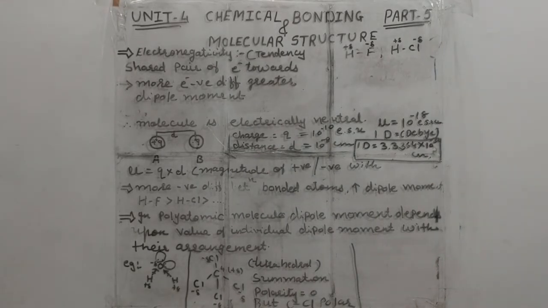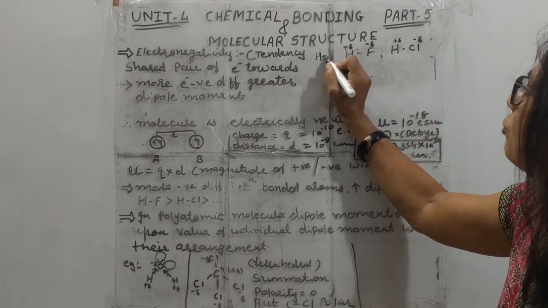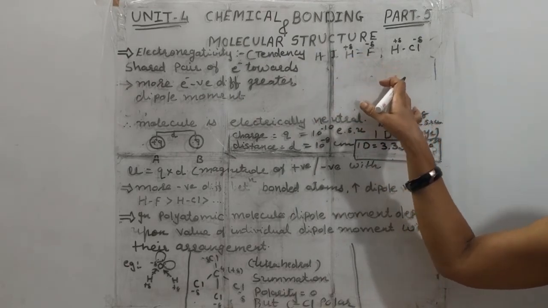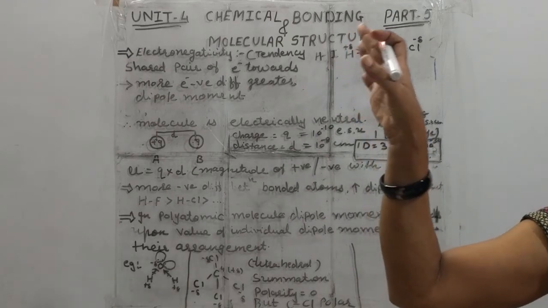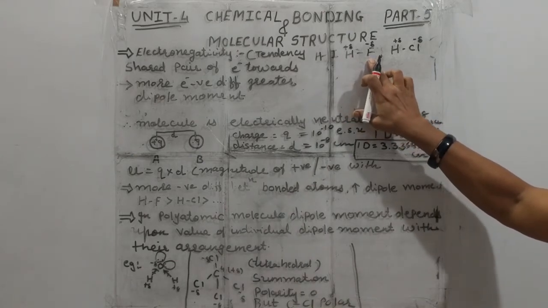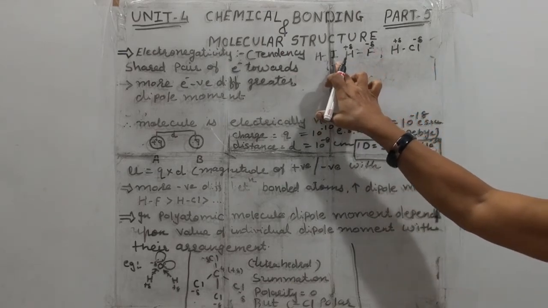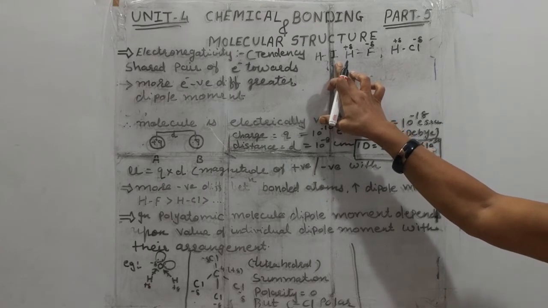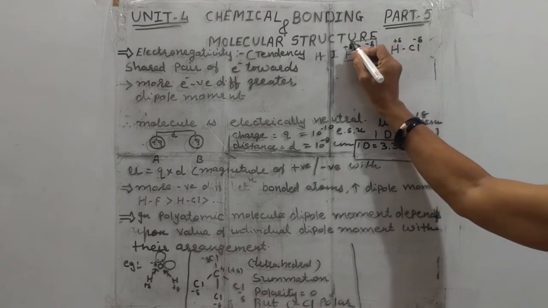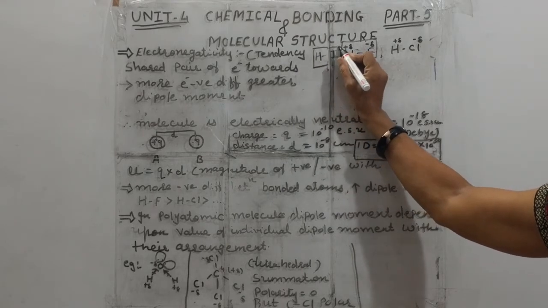Now if we take the example of, suppose, HI, and if we think out of these three, suppose the question asks which one has the more dipole moment. As you know, fluorine is more electronegative than chlorine, and iodine is the least electronegative. So on the basis of that you can answer: the more dipole moment is for HF and the least dipole moment is for HI.